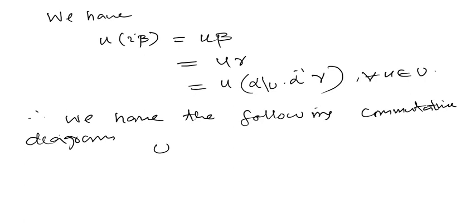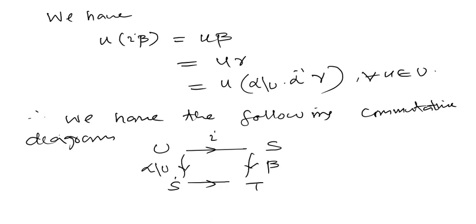This one: U to S, then S to T, and here it's U to S prime, then S prime to T. U to S is the inclusion map, S to T is the beta, and U to S prime is the alpha restricted to U, and S prime to T you take this map alpha inverse gamma। आपको alpha restricted U इसका composition alpha inverse gamma के साथ, alpha inverse gamma। So we have this commutative diagram, टी के लिए आपको कम्यूटेटिव डायग्राम मिल गया.